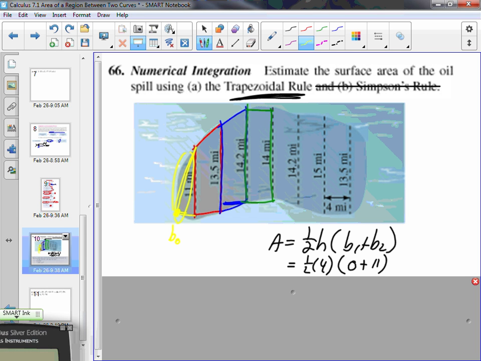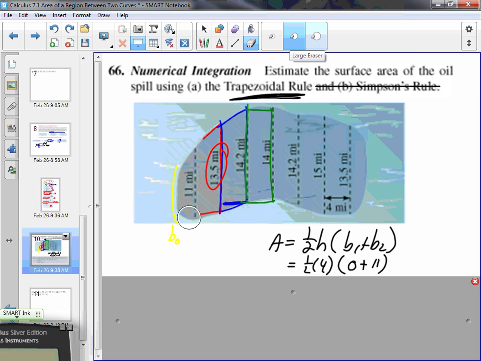Then the red one's base is 11, the other base is 13.5. So the 11 is in the yellow one, and it's in the red one. Then look at the red and the blue one. The 13.5 is a base of the red one and the blue one. And then the 14.2 is a base of the blue one and the green one. So that's in there once.